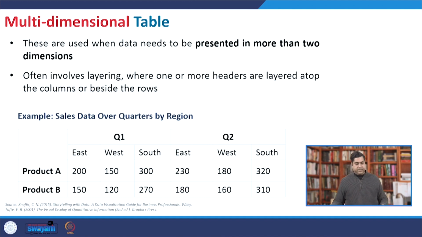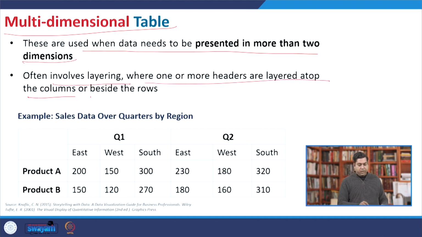Next up is the multi-dimensional table. So, how is it different from the previous two? These tables are used when the data needs to be presented in more than two dimensions, often involving layering, where one or more headers are layered atop the columns or beside the rows.